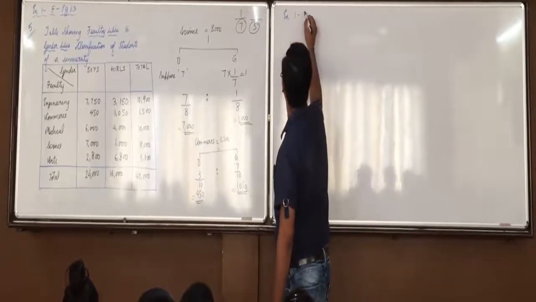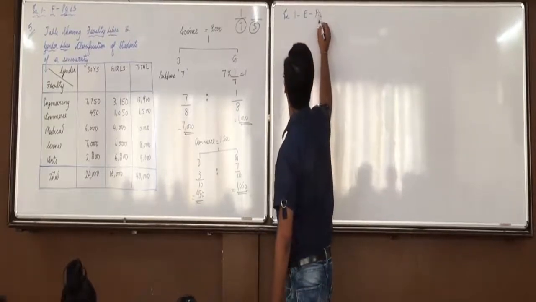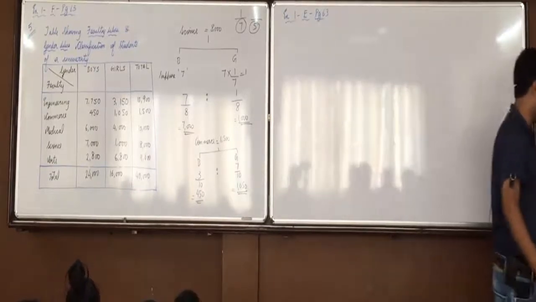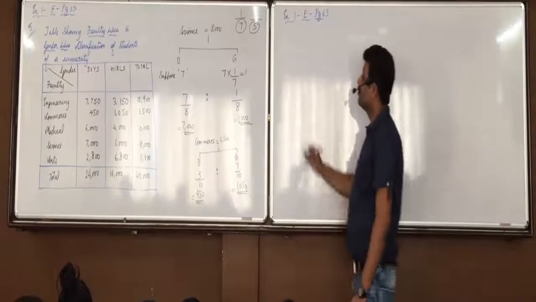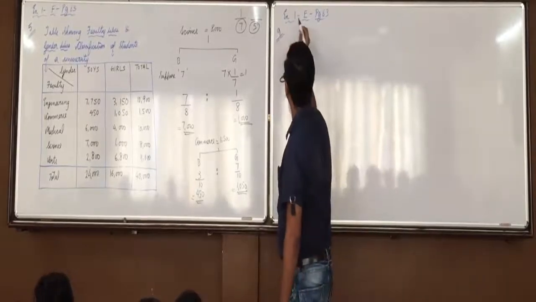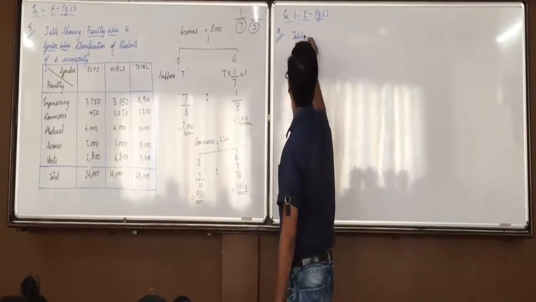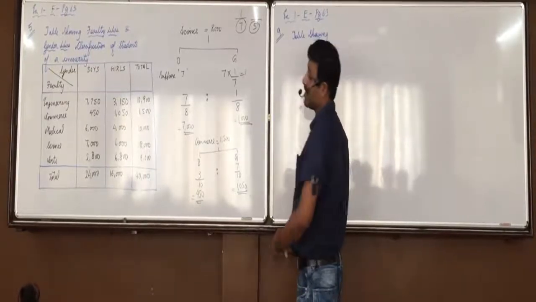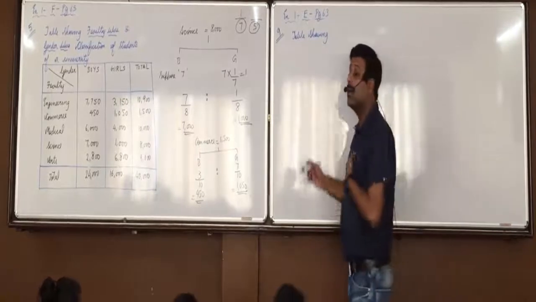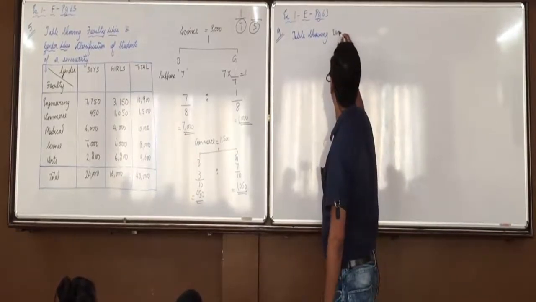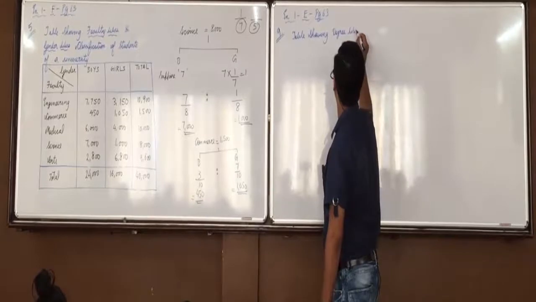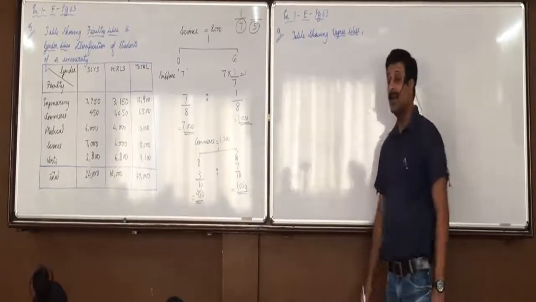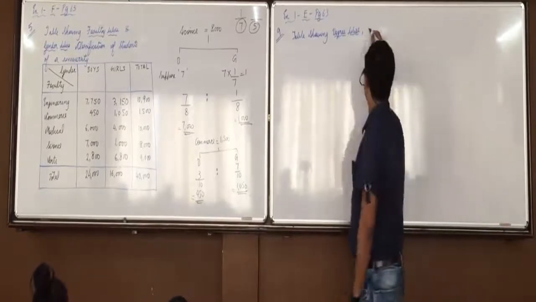Exercise 1, section E, page 63. Question number 9. Table showing, what is the first attribute? Qualification or degree wise. Anything can be written. Degree is a small word. Comma. Gender wise.